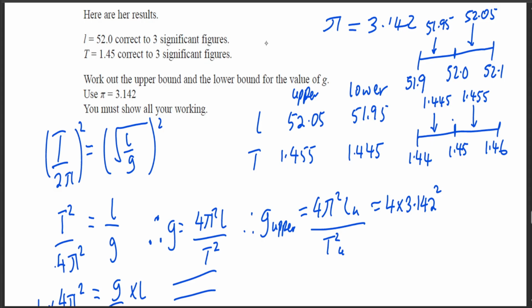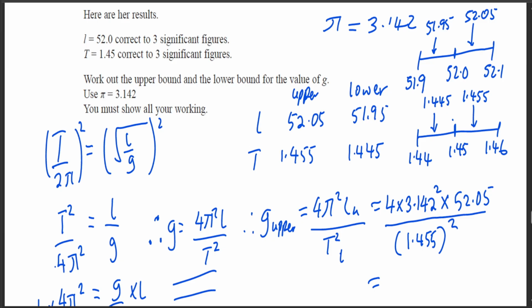Sorry, this is supposed to be T squared lower bound: upper divided by lower. So you do 4 times 3.142 squared, times L, which is 52.05, the upper bound, divide by 1.455 squared. Let's see how much it's going to give us. 4 times 3.142 squared times 52.05, divided by 1.455 squared, is going to give us 970.88345.